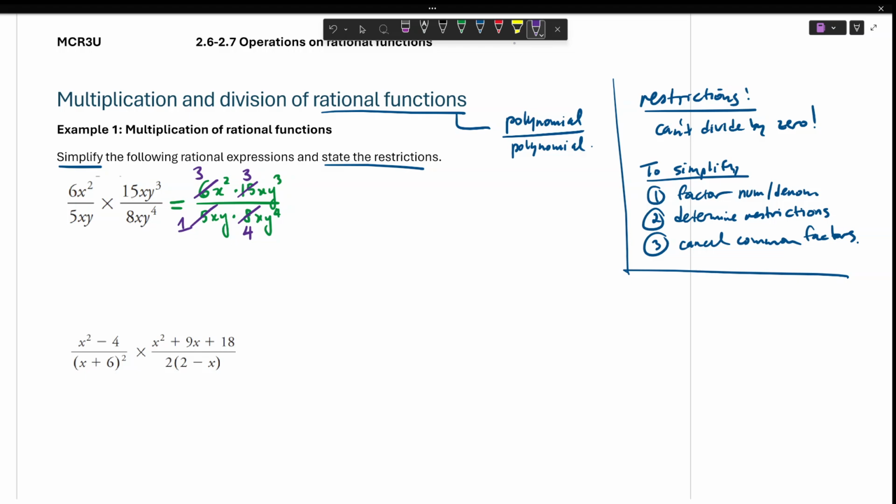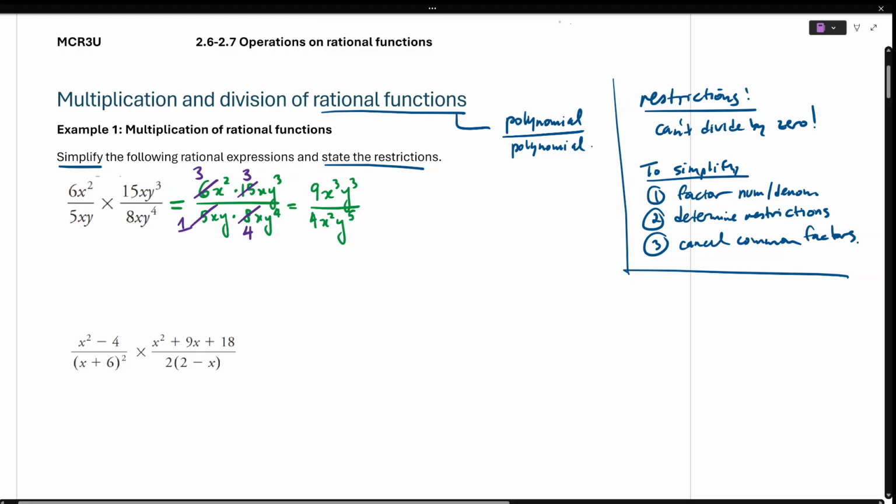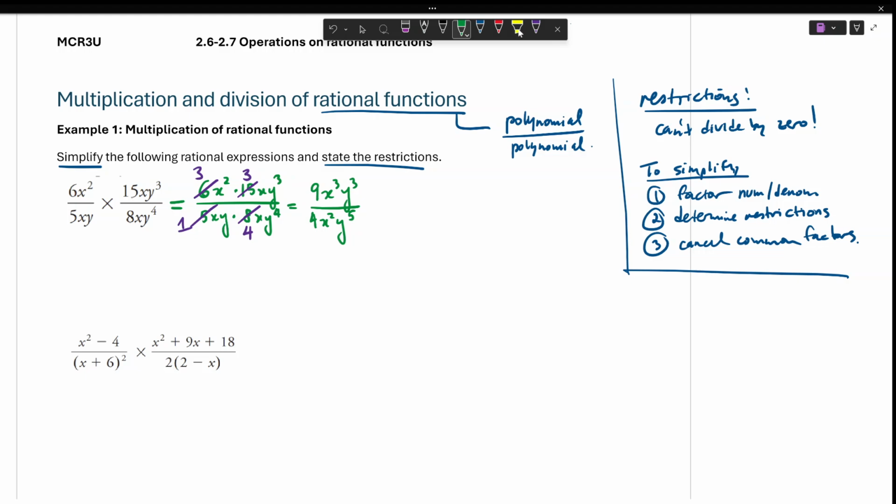Now we can also start looking at some of the variables. Let's actually write it like this so it's a little bit easier to look at. Okay, here's our expression, and we want to cancel out the variables. We have 3 x's upstairs and 2 x's downstairs.